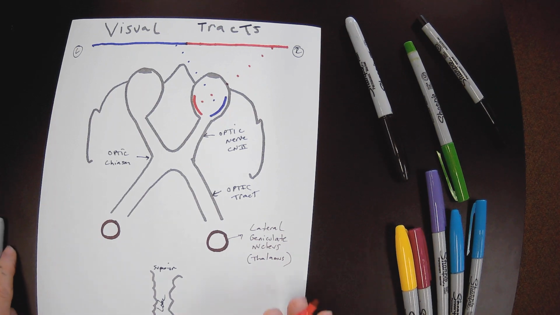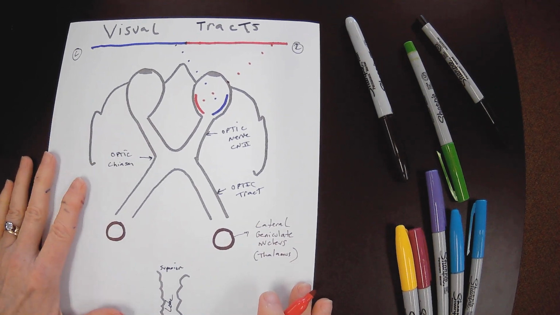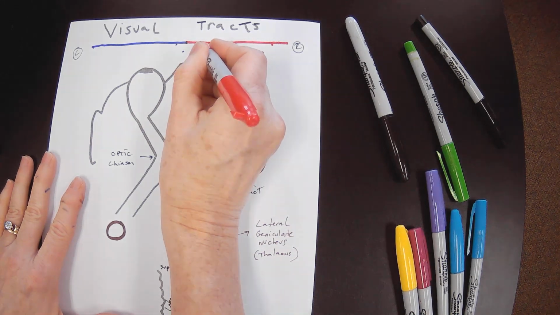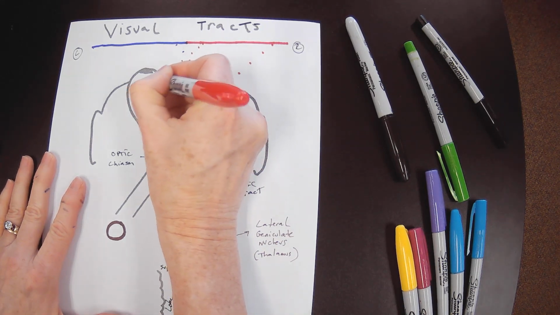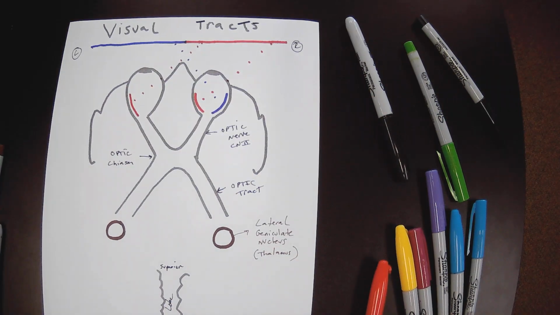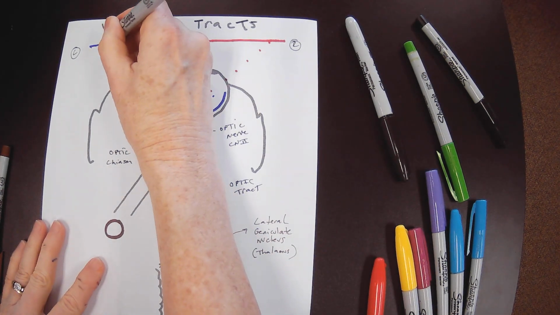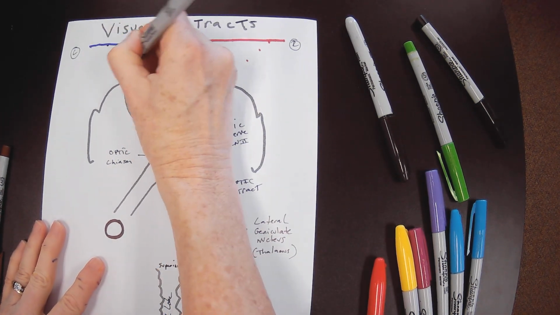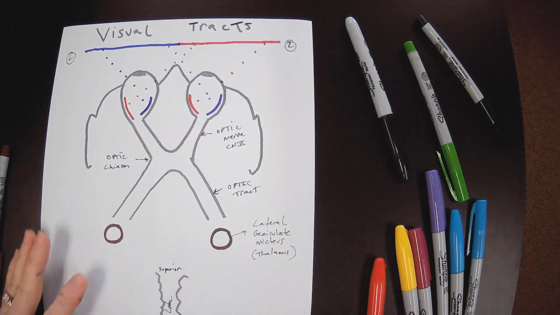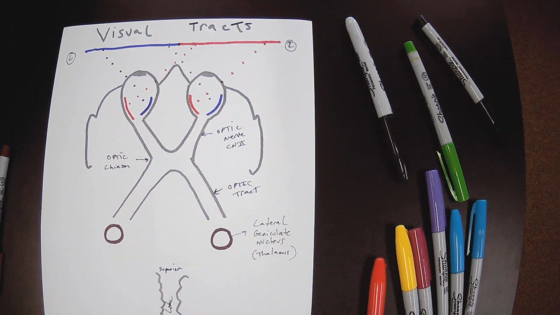And the same thing's going to happen with the left eye. The nasal visual field from the right side projects to the temporal retina on the left. And then the temporal visual field from the left eye projects to the nasal retina.